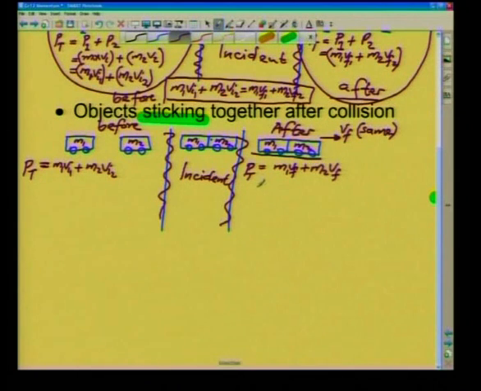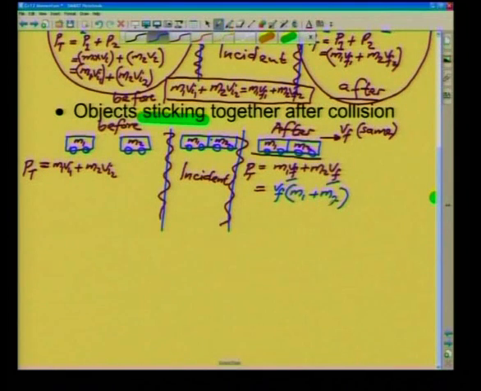Now, because it's a common factor, we can factorize the final velocity out, so P final is V final, which is the same for both, times mass 1 plus mass 2.